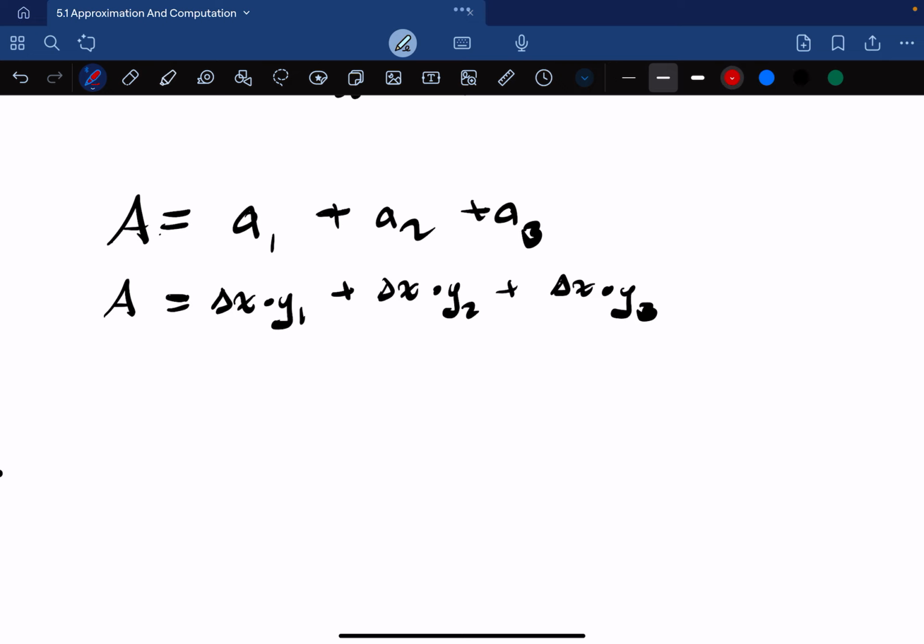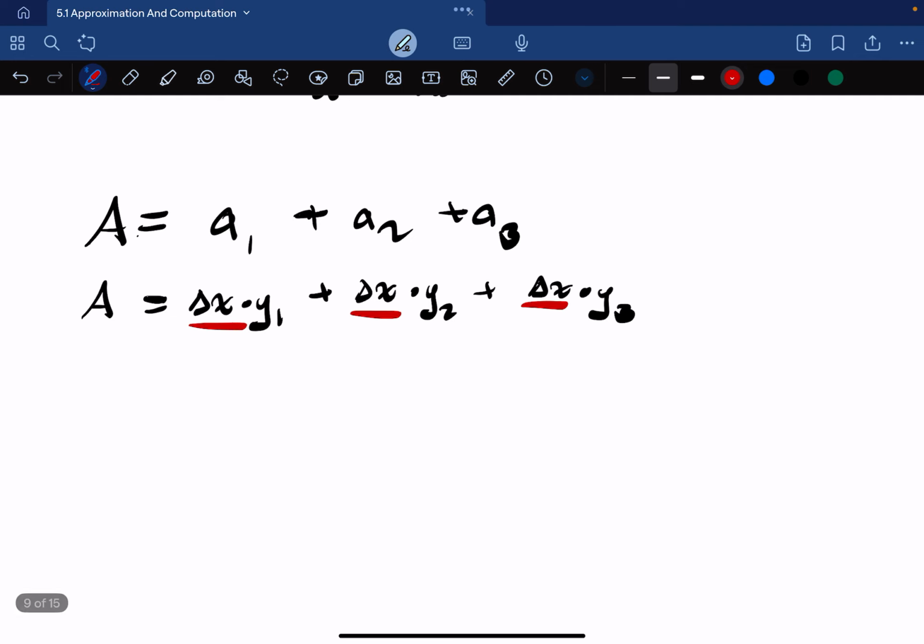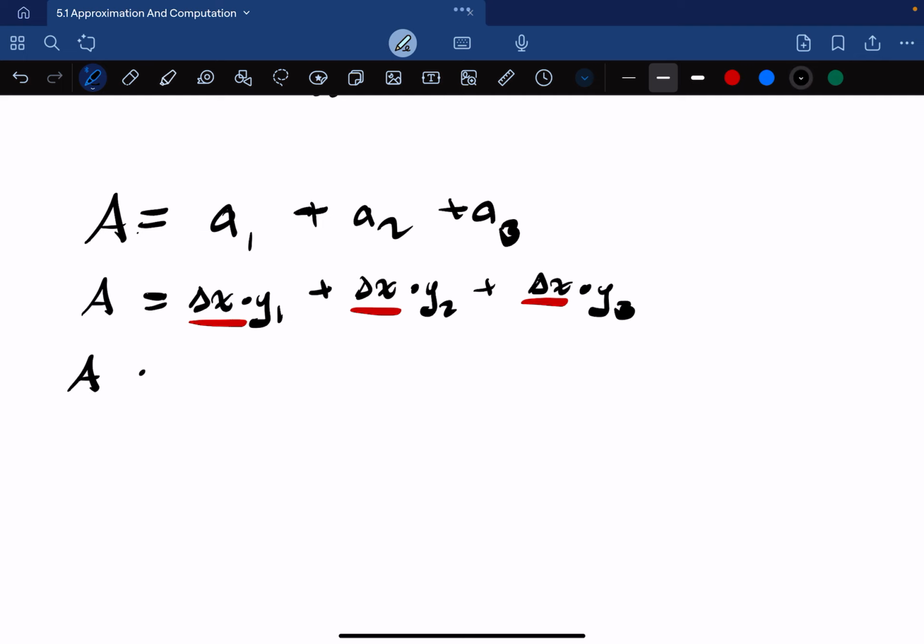Now, something I want to point out to everybody is, since delta x is in every single term and it's the same value, we can take delta x out. We can factor it out. This is just basic factoring.